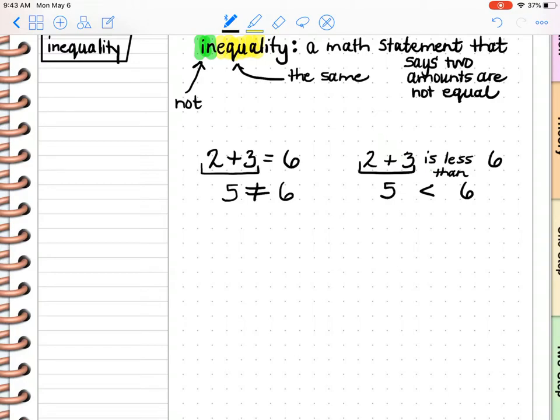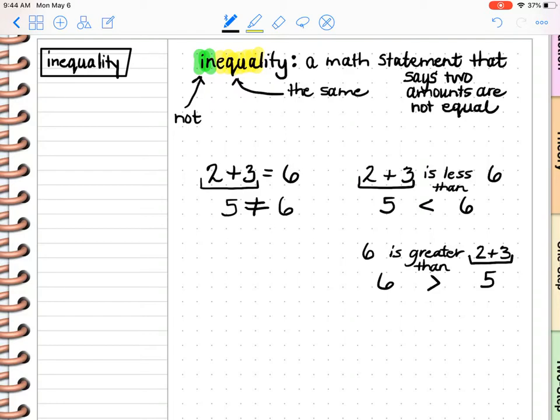So we could say that 2 plus 3 or 5 is less than 6. We could also say that 6 is greater than 2 plus 3, because remember 2 plus 3 is 5. So 6 is more than that. 6 is greater than 2 plus 3.